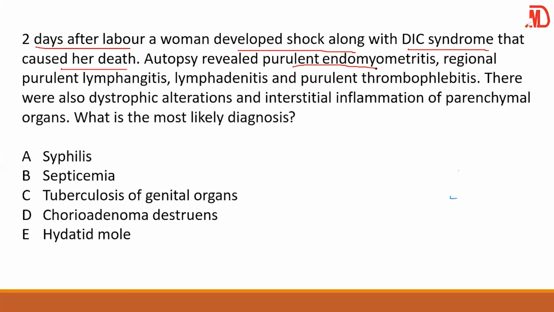There was purulent endomyometritis, regional purulent lymphadenitis, purulent thrombophlebitis. There are also dystrophic alteration and interstitial inflammation of parenchymal organs. What are you thinking about? Definitely an infection that is spreading through the blood.